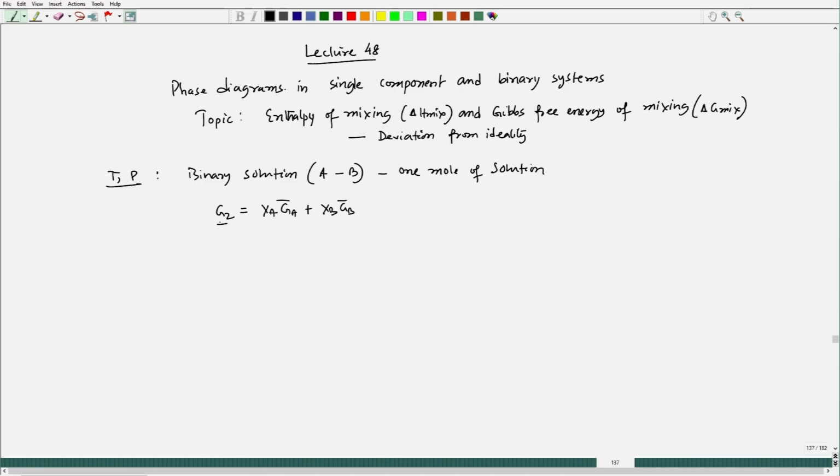This G2 is for solution, and can be applied to both ideal as well as non-ideal.